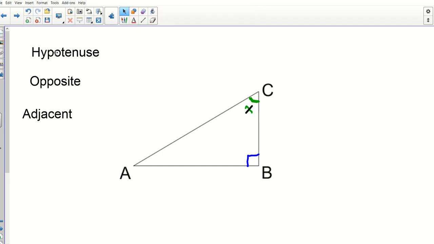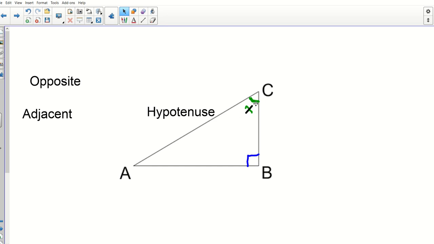For me, as you go through this, the easiest side to find will be the hypotenuse. It is the side opposite the right angle and always the longest, diagonal side. So side AC would be my hypotenuse.